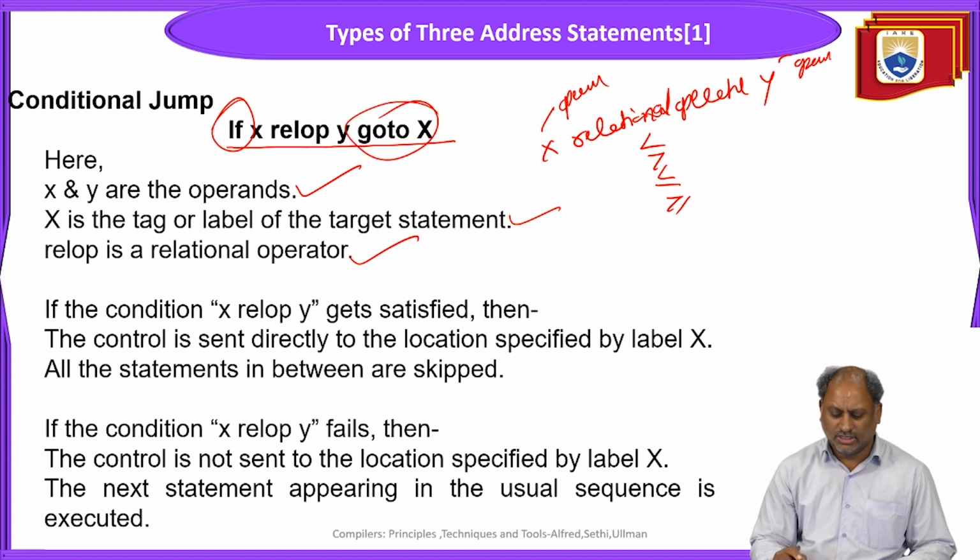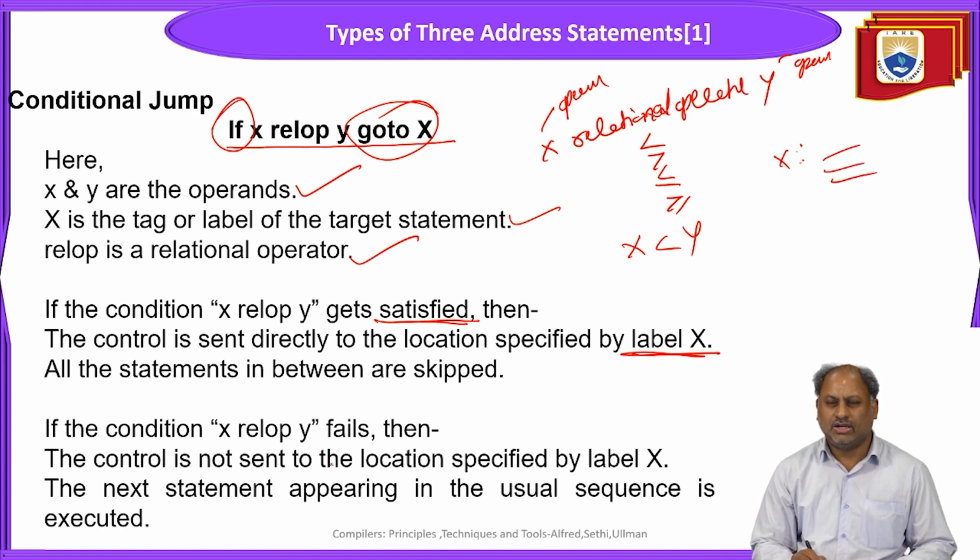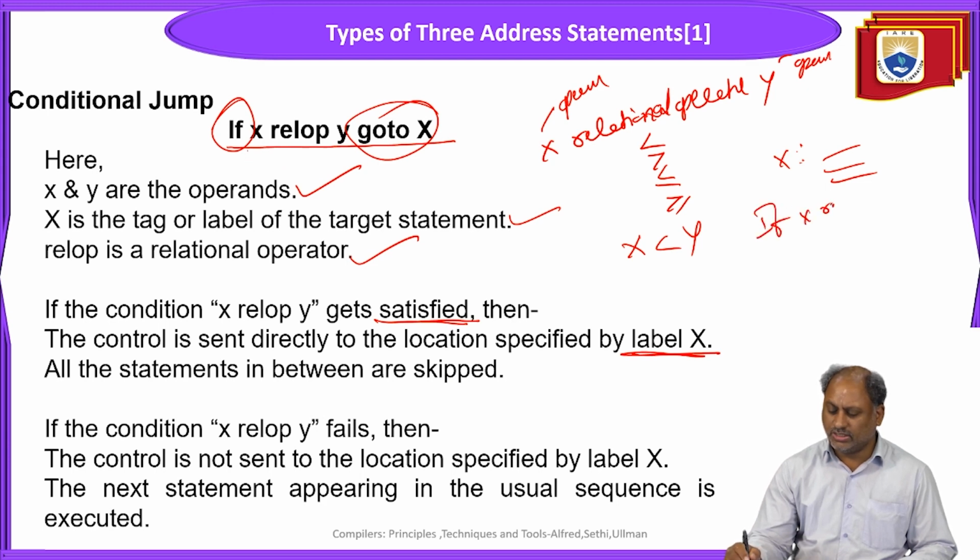Suppose x less than y is satisfied, then directly the statements specified by the label x, goto x, maybe x contains some other statements, so that list of statements is executed, and all the remaining statements in between are skipped. That means if x relational operator y goto x.